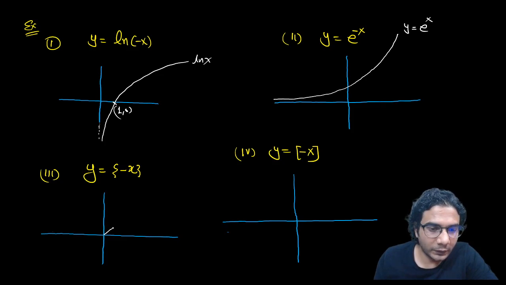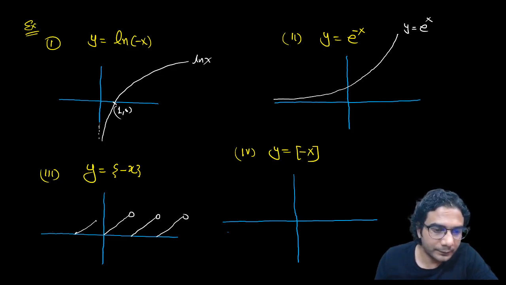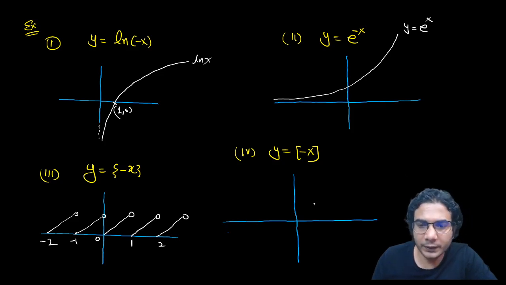This is y is equal to the fractional part of x. It's a periodic function, right? Minus 1, minus 2, 0, 1, 2, and 3, and so on, right? Now this is the greatest integer function, like this.